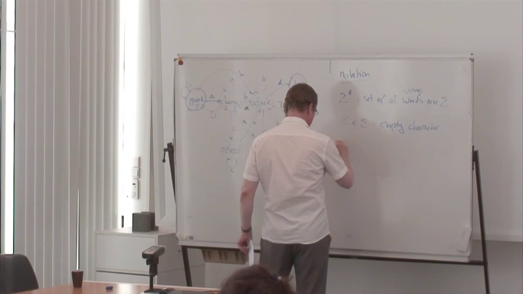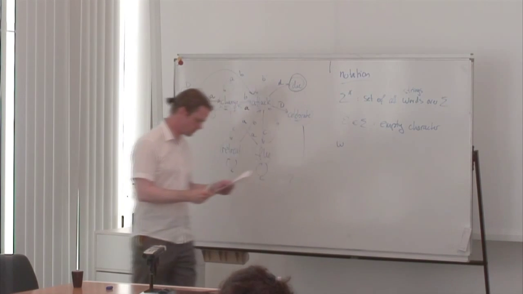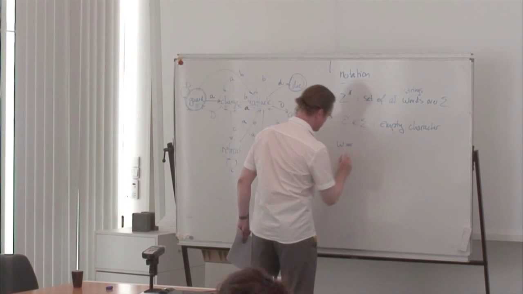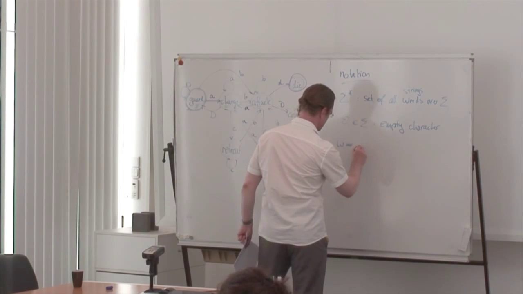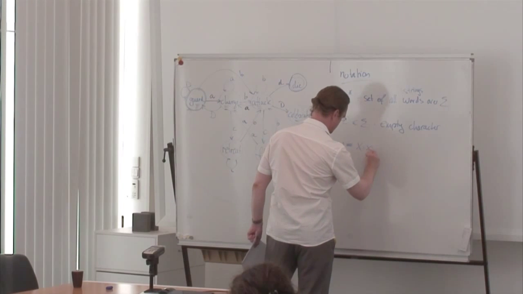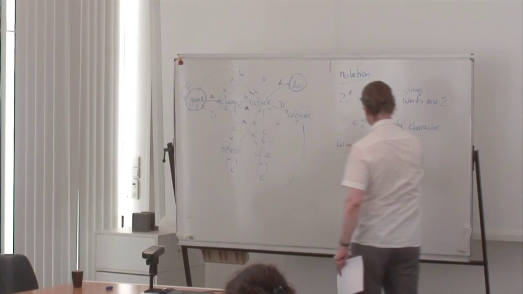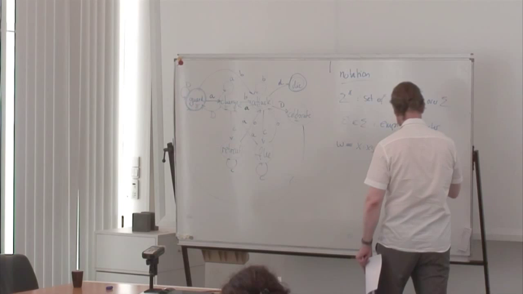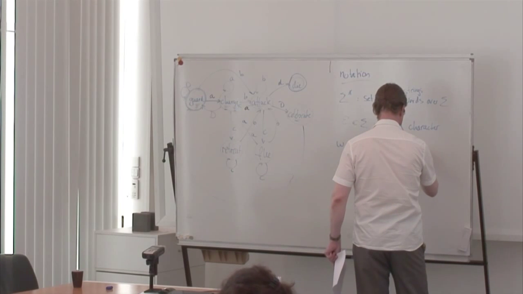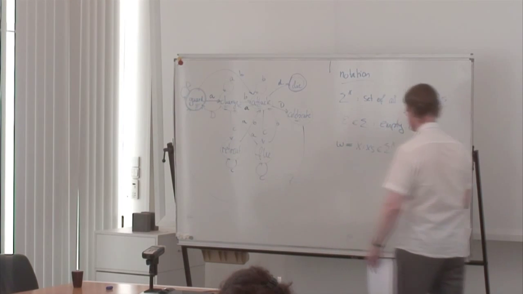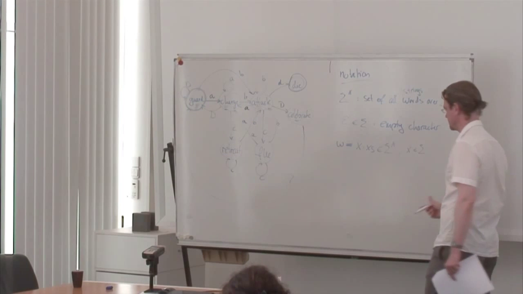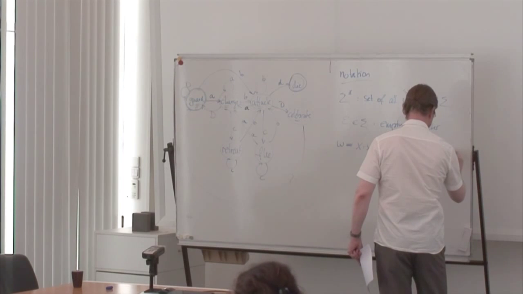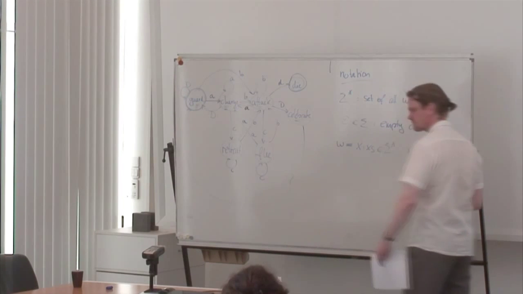And with these two things, we can define the notion of a word, W, and I will write words like this. There is an X colon XS, and so this word is an element in sigma star, and X is a character in our input alphabet, and XS is a sequence of characters.